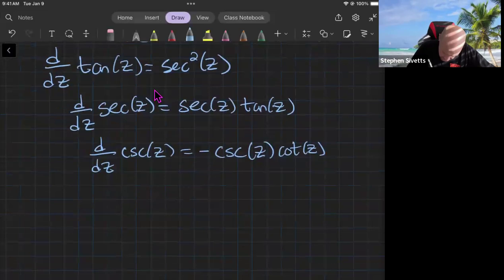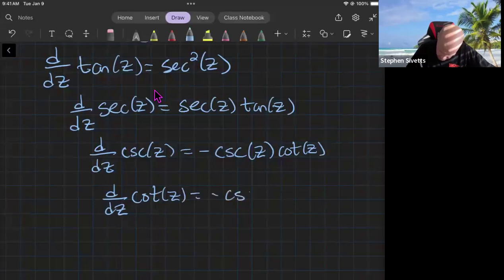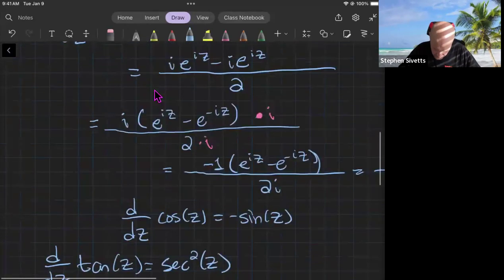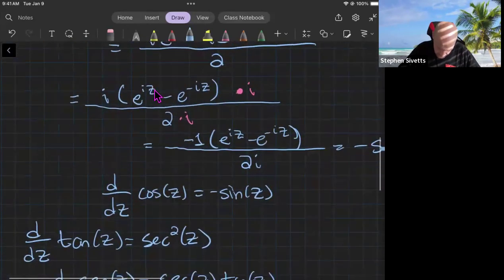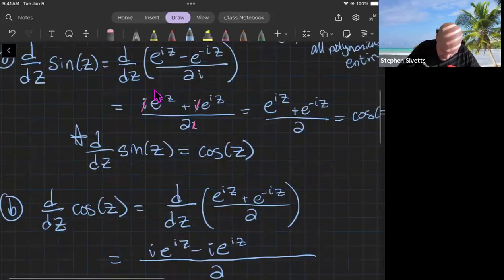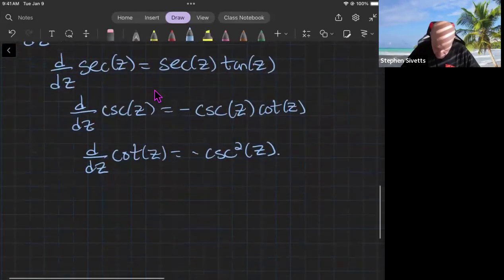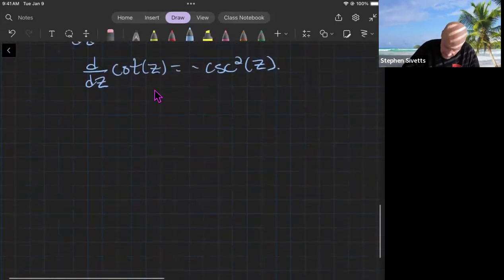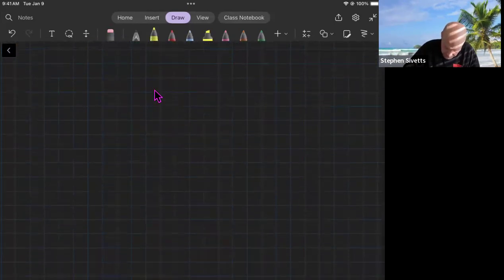And the derivative of cotangent is minus cosecant squared of z. These would be, along with the ones above, the derivative rules for trigonometric functions of complex numbers. Okay, so pretty straightforward.